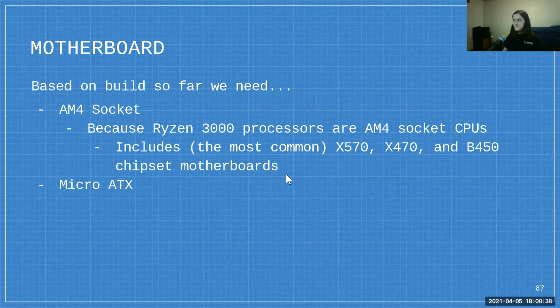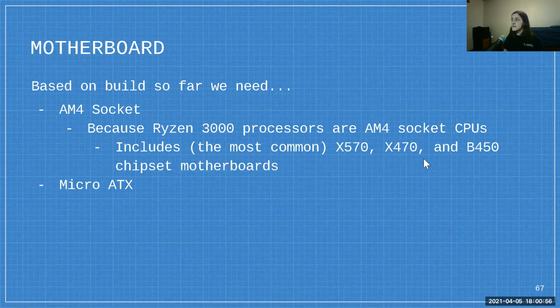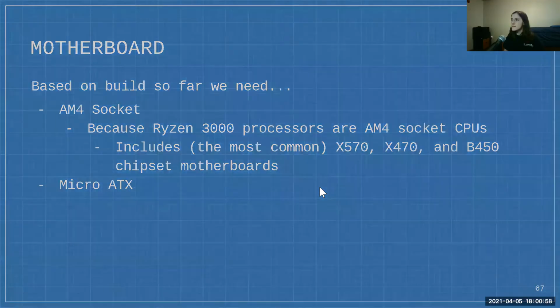The most common things to look out for, and it'll tell you this on PC Part Picker, or if you just Google what is compatible with this type of CPU, are the most common chipsets that you're going to want to look for on the motherboards for that CPU to snap into: the X570, X470, and B450.